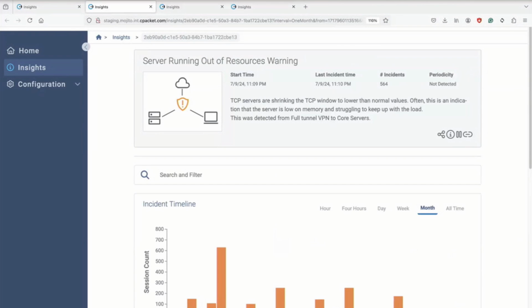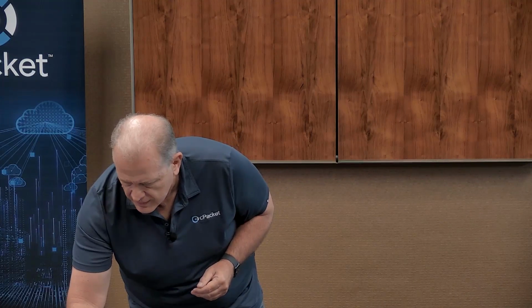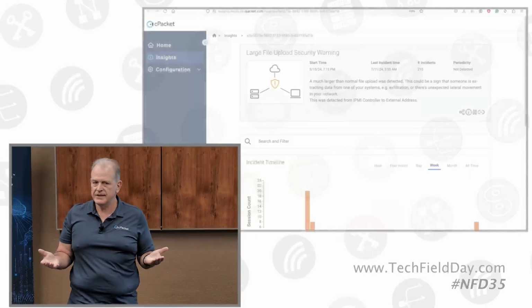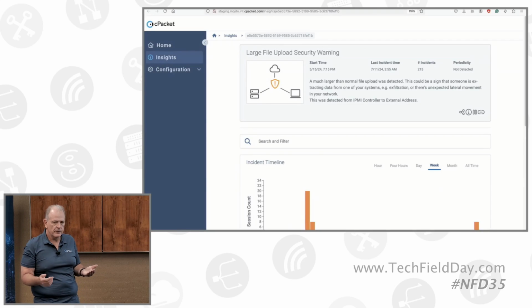The next one's kind of a fun story. When we deployed our models, they're running and watching the network. This insight presented here shows up as a security warning. We're like, well, what is that? Large file upload security warning.